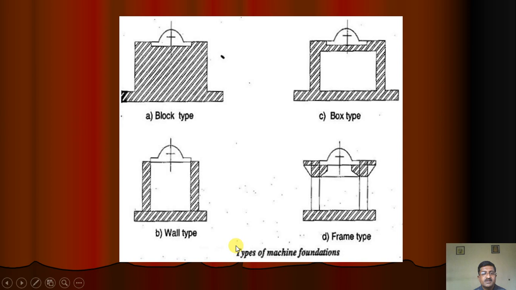So you can see these are the various types of machine foundation. A massive block is provided, as shown in this machine foundation. A box is provided in the case of a box type foundation. Then in the wall type of foundation, as we have seen, walls are provided, and in the frame type of foundation, a frame is used to carry all types of loads.